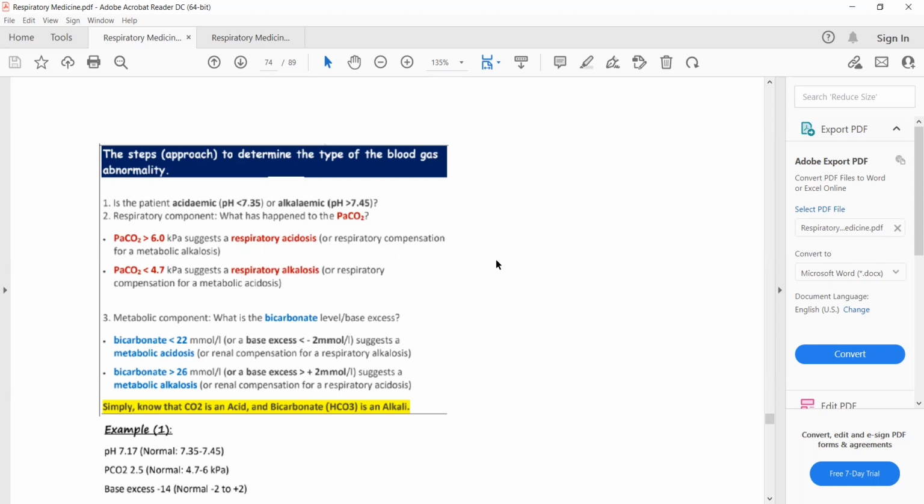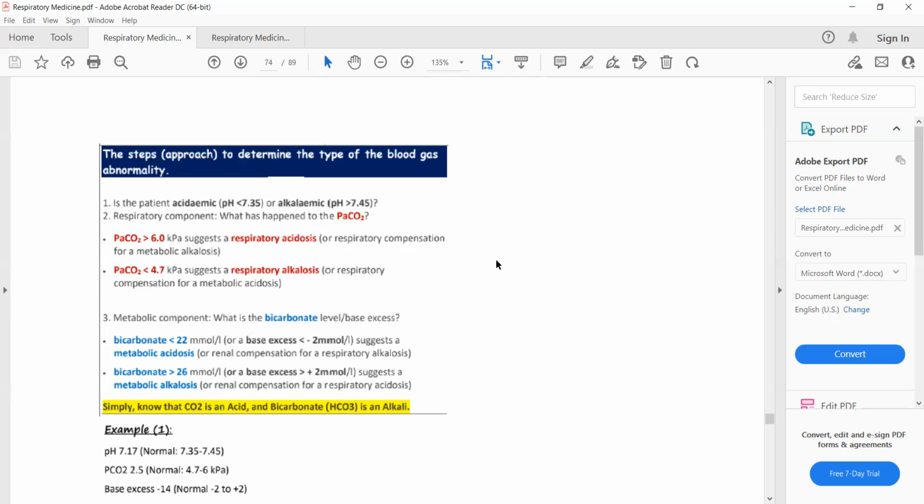The compensation will always be opposite to the basic acid-base abnormality. So if partial pressure of carbon dioxide is increased in ABGs, then it is either due to respiratory acidosis or a respiratory compensation for metabolic alkalosis.